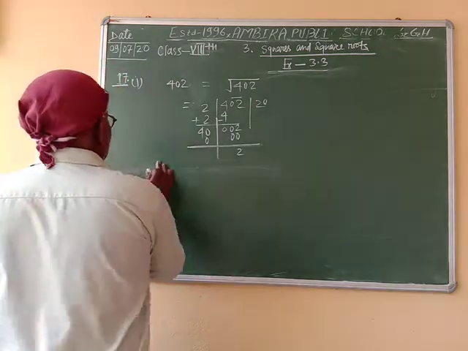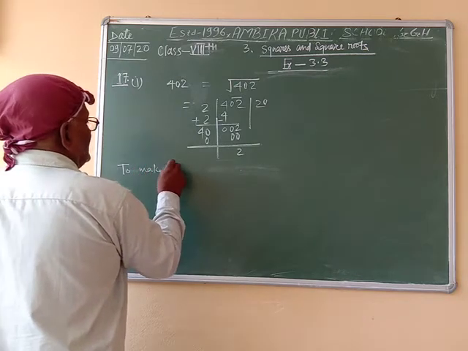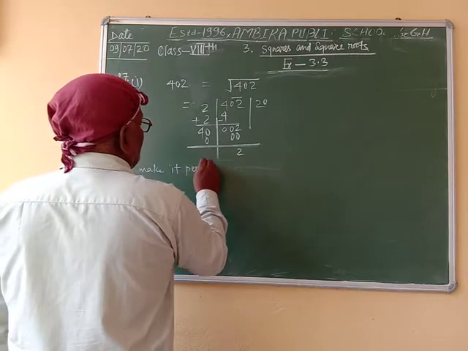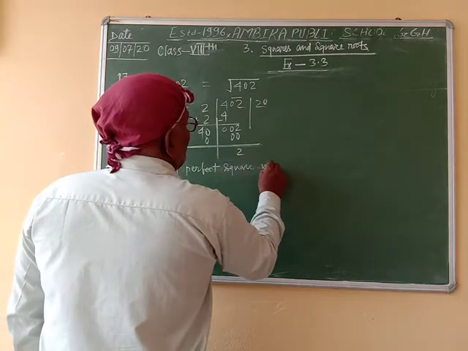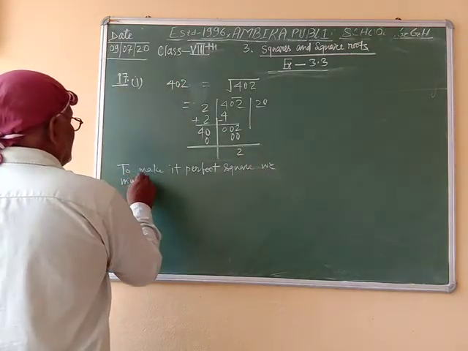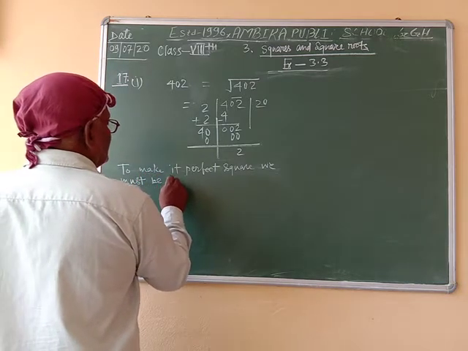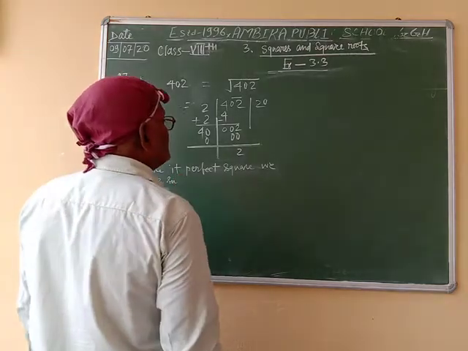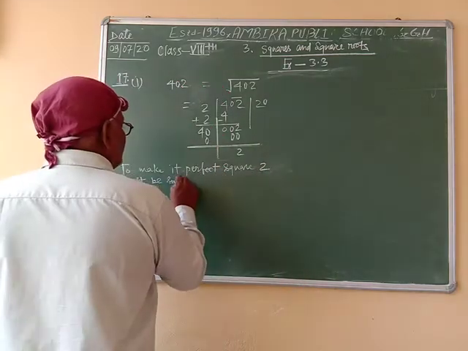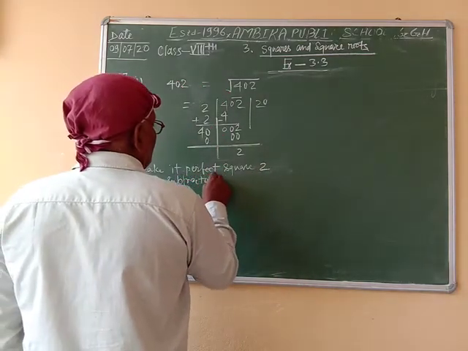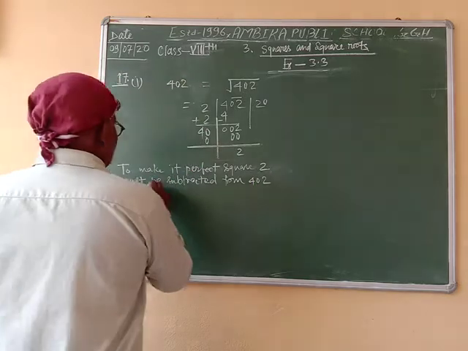Hence, to make it a perfect square, 2 must be subtracted from 402.